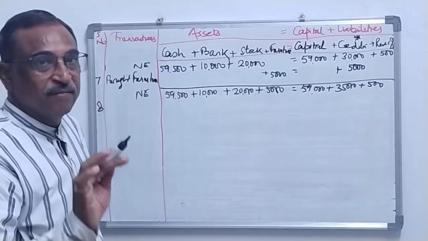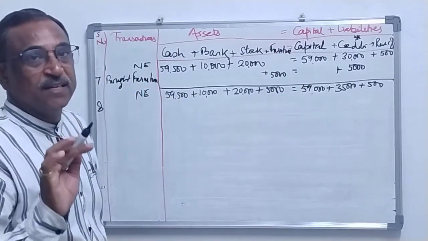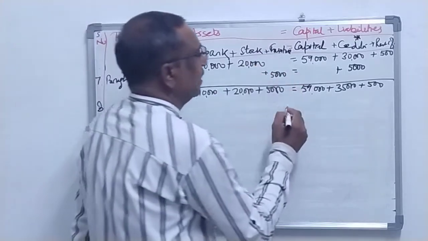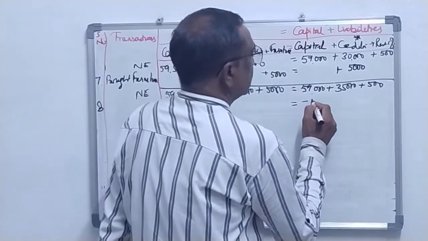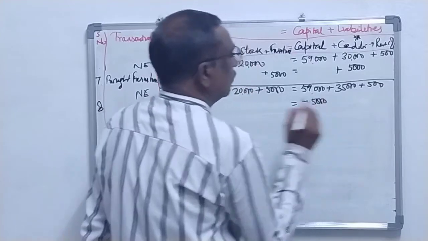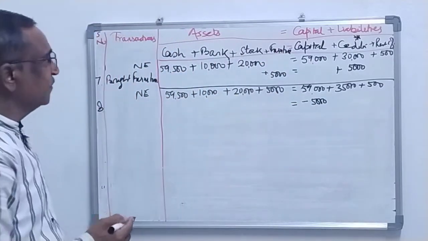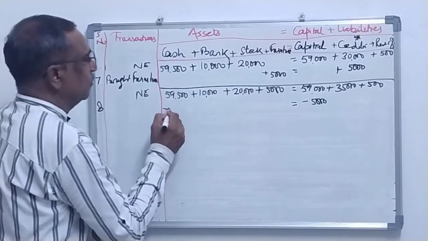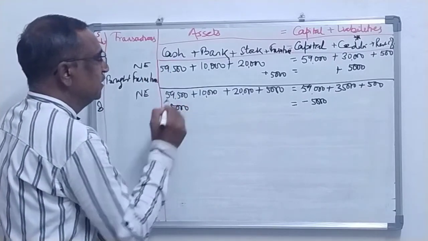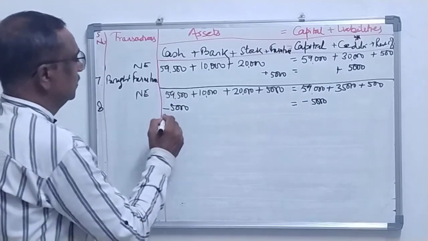Do remember, whenever there is any sort of drawings, it will reduce your capital. So buying a refrigerator for personal use worth rupees 5,000 will reduce your capital to this extent, and your cash will also be decreased by this amount. Okay.